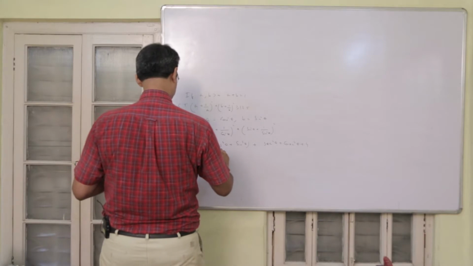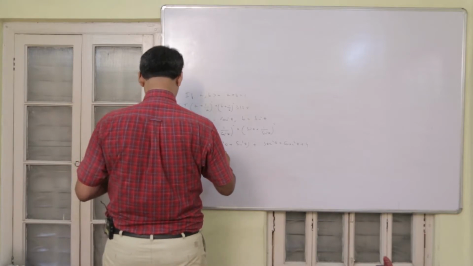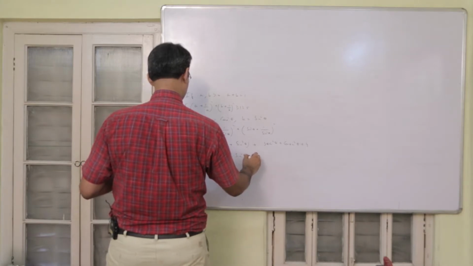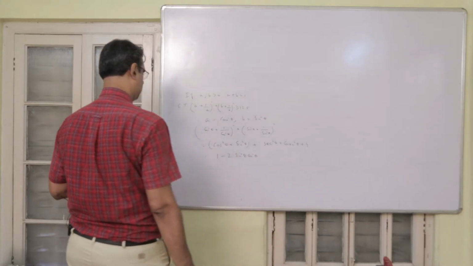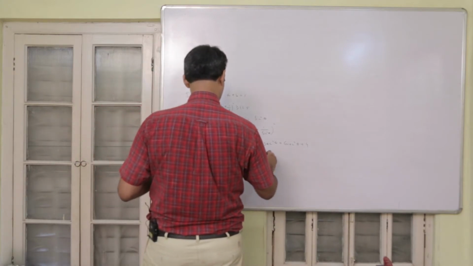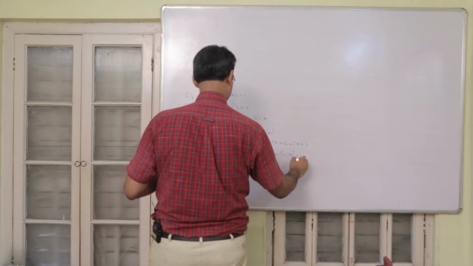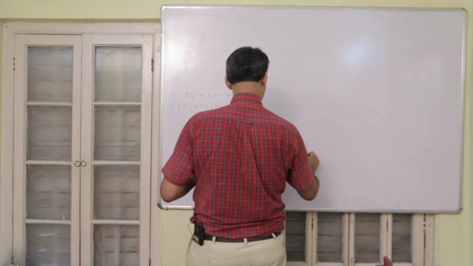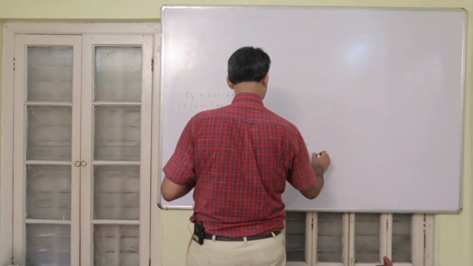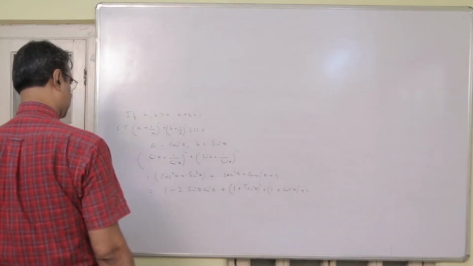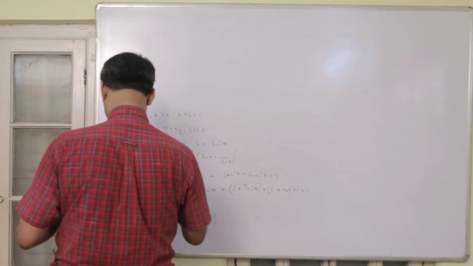Now cos to the power 4 theta plus sin to the power 4 theta can be written as 1 minus 2 sin square theta cos square theta, and these two can be written like this: 1 plus tan square theta whole square plus 1 plus cot square theta whole square.